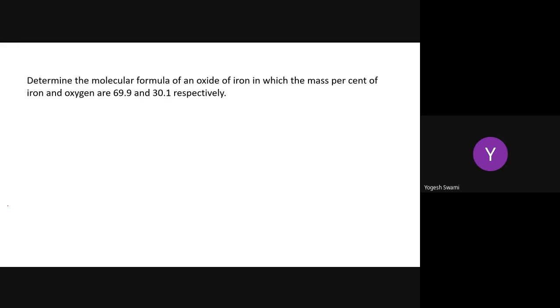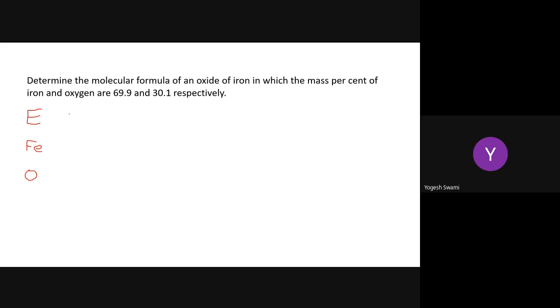So first, we design a table. The first head of the table is element. Which elements are given? That is iron and oxygen.